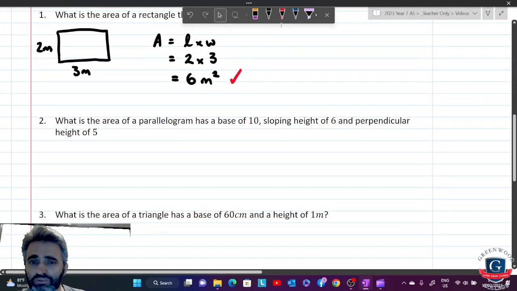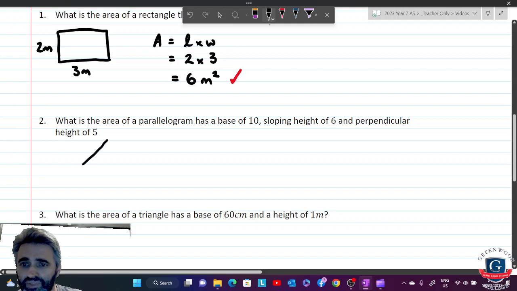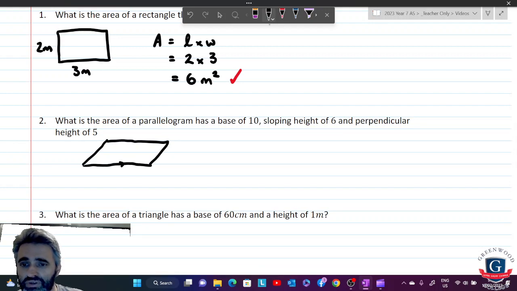Okay, what's the area of a parallelogram that has a base of 10, a sloping height of 6, and a perpendicular height of 5? Well, let's draw a parallelogram. There we go, there's our parallelogram. These sides are parallel, and these sides are parallel.